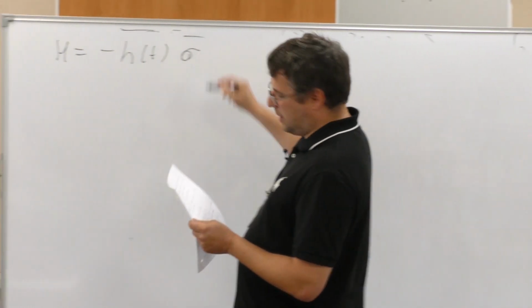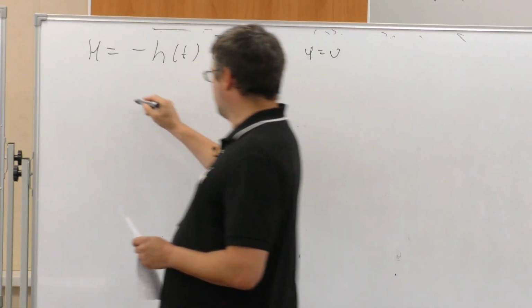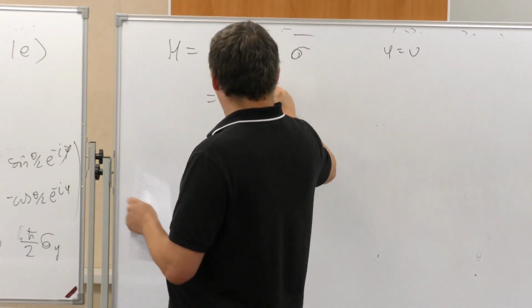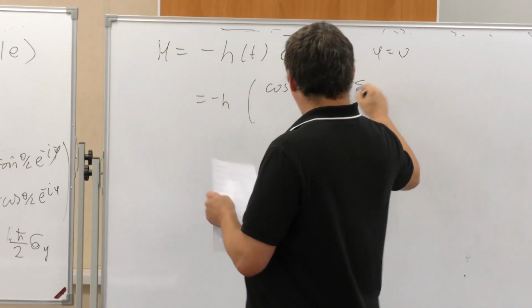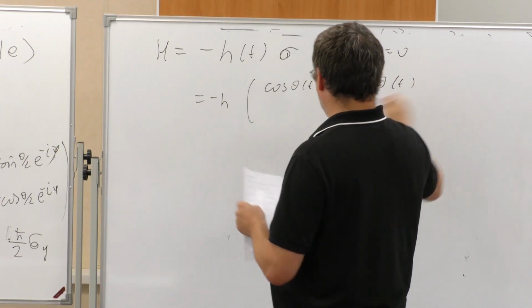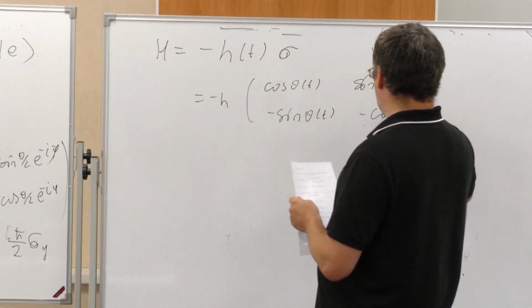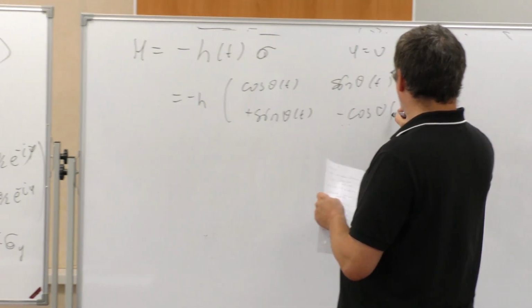But rotations do play a role. Let me even simplify and set phi equal to 0, just to make the example a bit simpler. So I have minus h, and then as a matrix cosine theta of t, sine theta of t, sine theta of t, minus cosine theta of t.